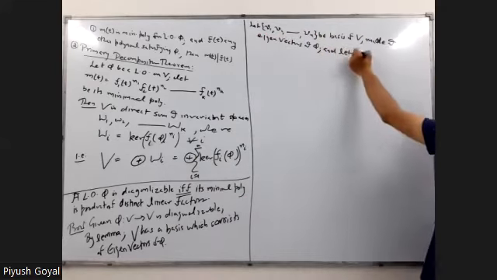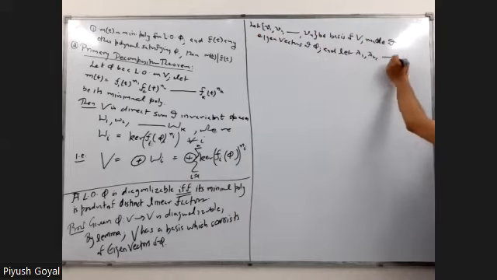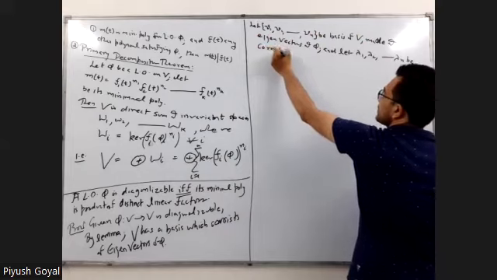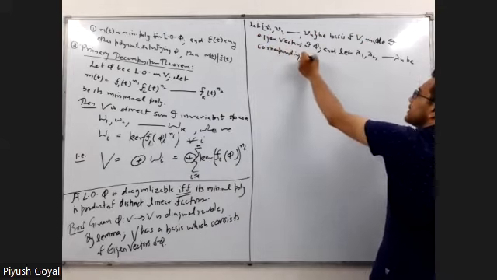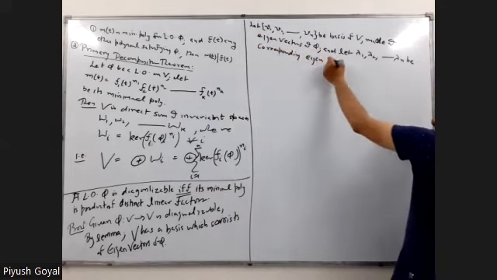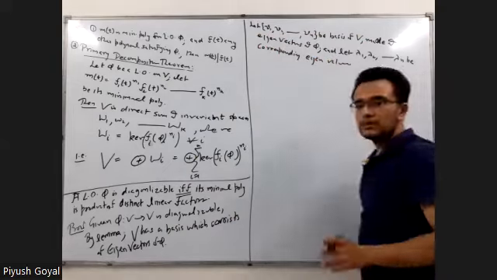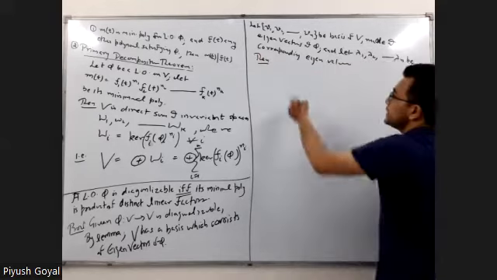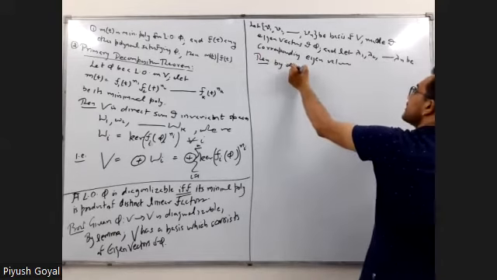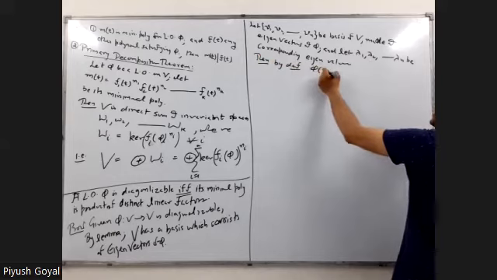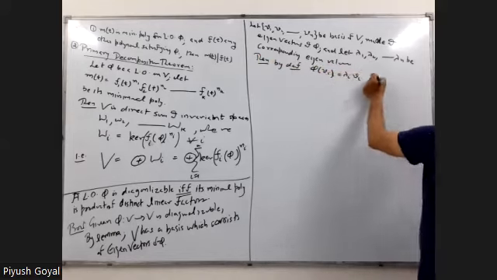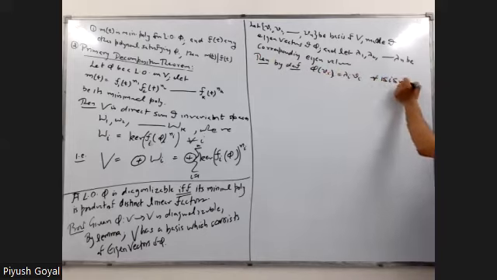And let lambda 1, lambda 2, up to lambda n be the corresponding eigenvalues. Then by definition, phi(vi) = lambda i vi for all i from 1 to n.